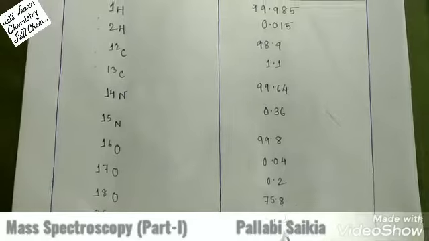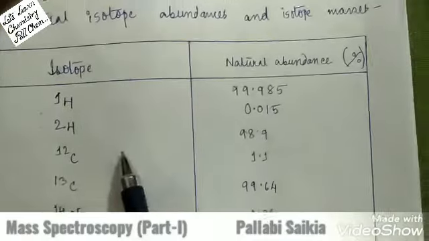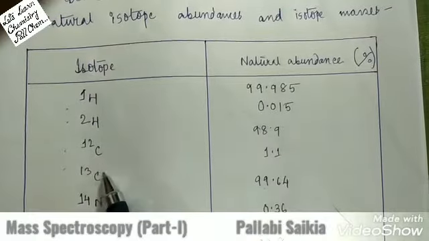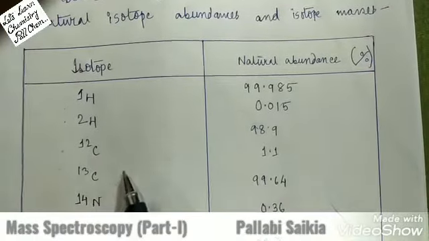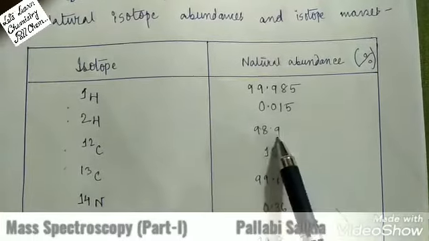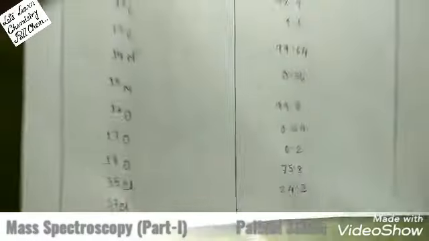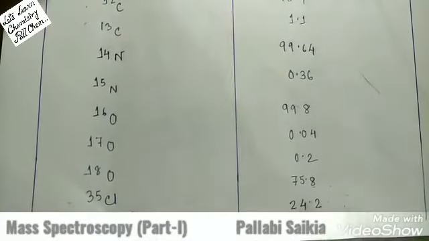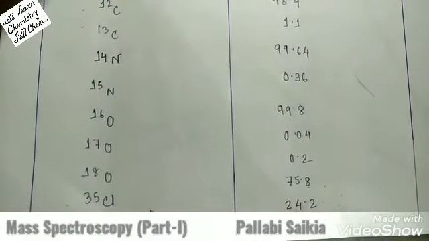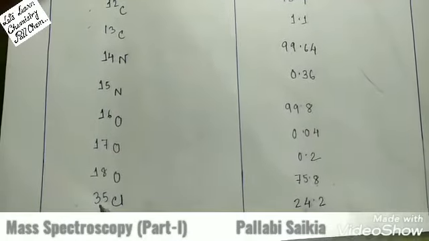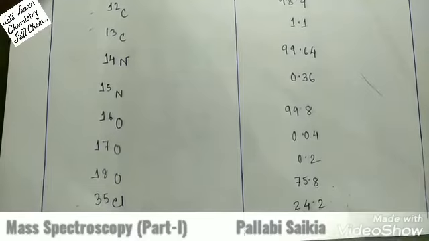24.2. So if a molecule has a carbon atom, then it will show M and M+1 peaks with the intensity ratio 98.9:1.1. Similarly, if a molecule has a chlorine atom, the intensity will be for the M and M+2 peaks. M+2 means 35 plus 2, 37.